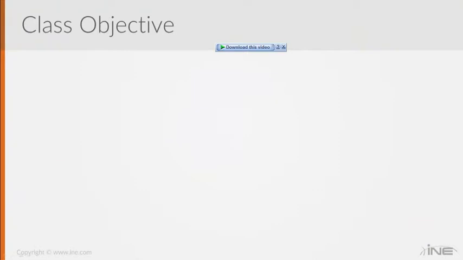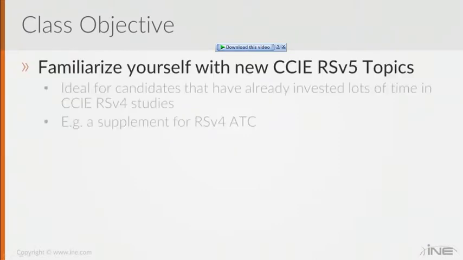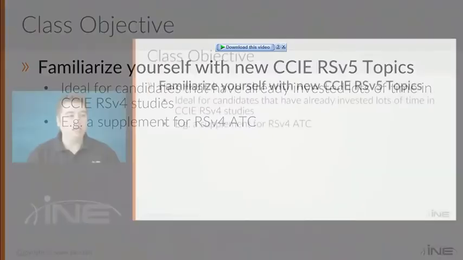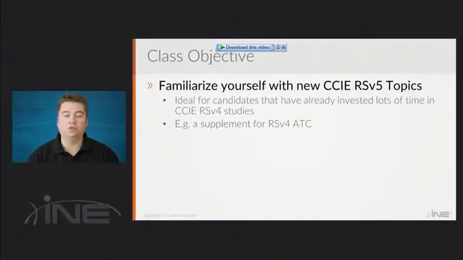Now, the overall goal of this class is to familiarize yourself with the new topics that have been introduced into the new CCIE Routing and Switching version 5 blueprint. So ideally, this class is going to be best suited for people that have already gone through a lot of the topics in the version 4 blueprint, because the vast majority of them, probably 90% or more, do carry over into the version 5 blueprint.